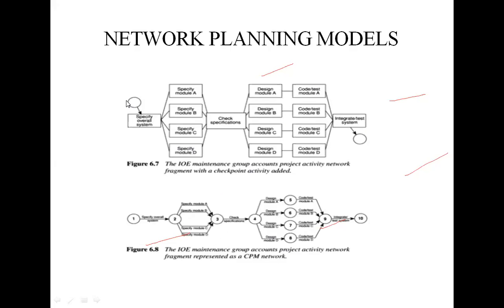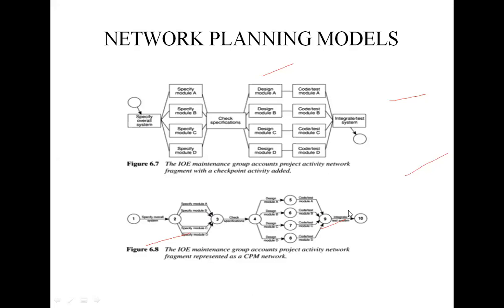This is the end. It starts here and goes from left to right. In the diagram we are using activity and arrow. If we start at 1 specification, then we move to 2, then module A, module B, module C. First module A is completed, then module B, next module C, module D. Then we move to step 3, then we have the specification.